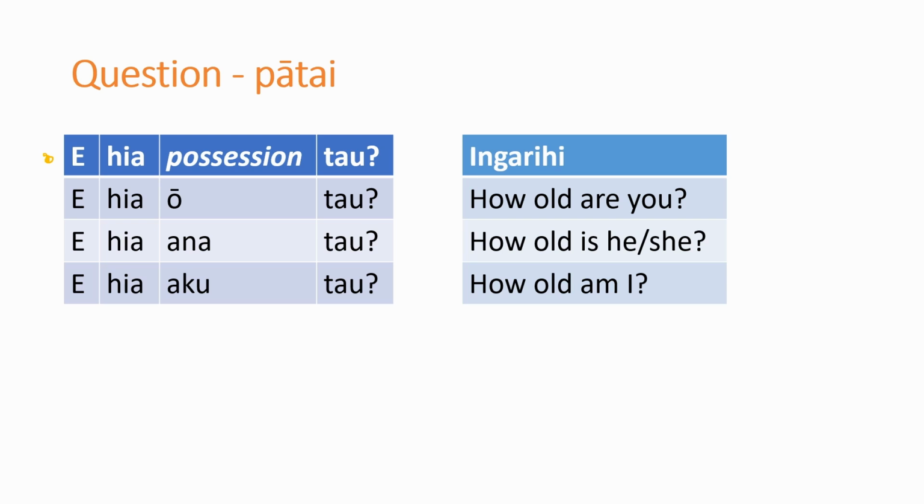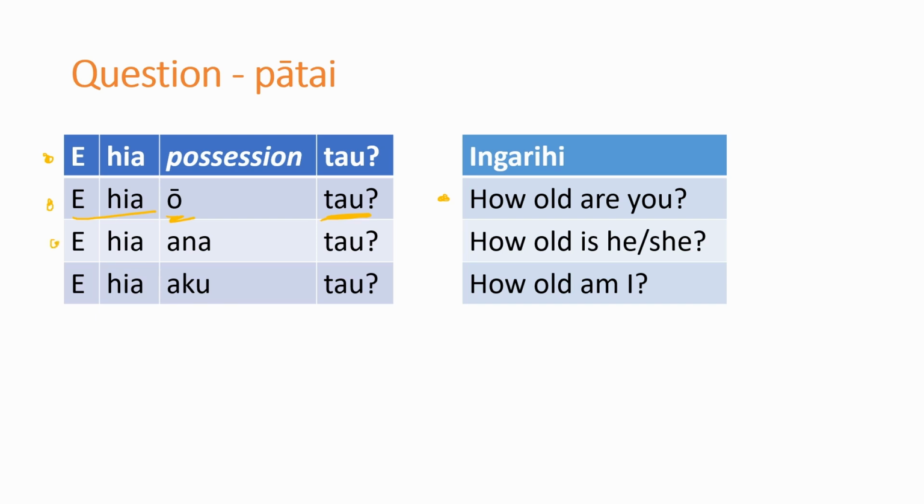So, for example, e hia ō tau. Ō means your, so this is asking how old are you? If I were to directly translate this, it would be how many your age. So how many years do you have? That's essentially what the question is asking. But in English, it will translate into how old are you?